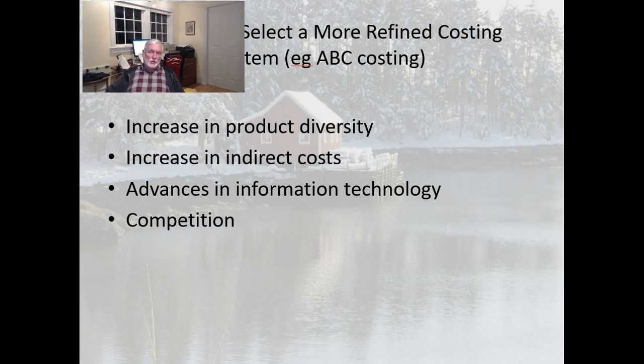Information technology has both increased the complexity of products and made doing something like ABC somewhat easier, because it's easier to track costs than it used to be. And finally, if my competitor is doing something, I may need to do it. If ABC is better, and my competitor is using ABC, like the General Electric example, then I'm probably going to have to start using it too. That competitive advantage for GE lasted 10 or 15 years before their major competitors all started using the same systems.